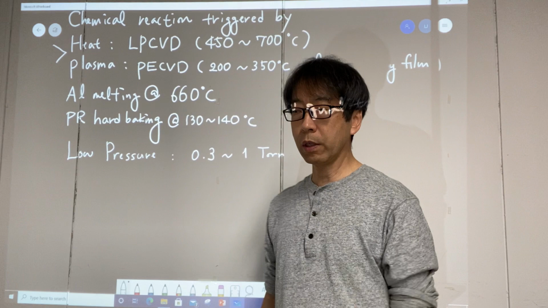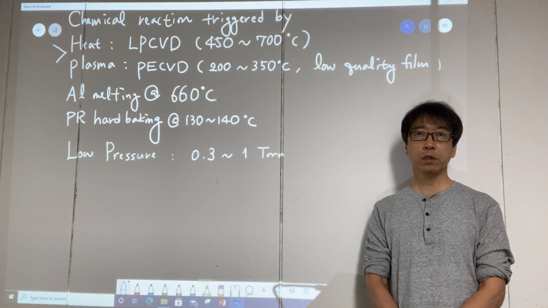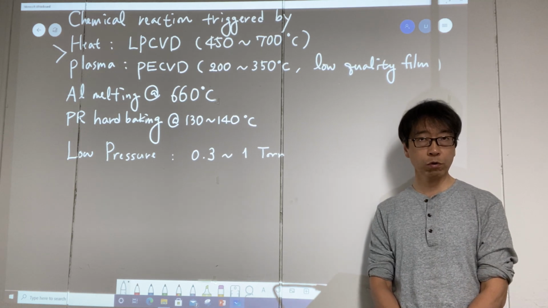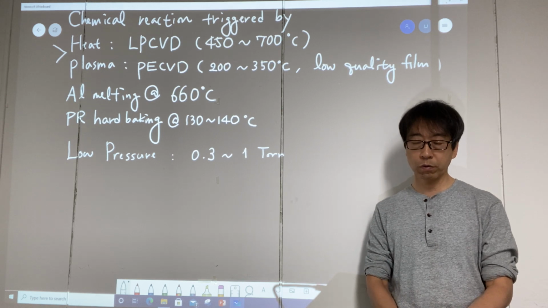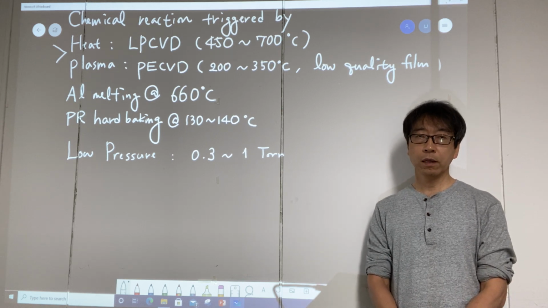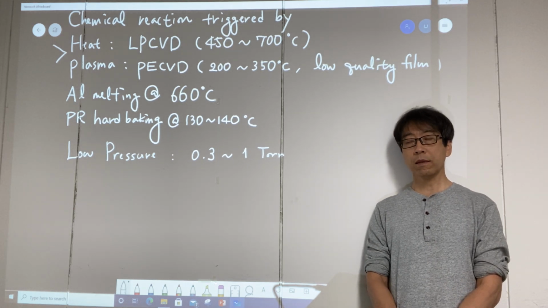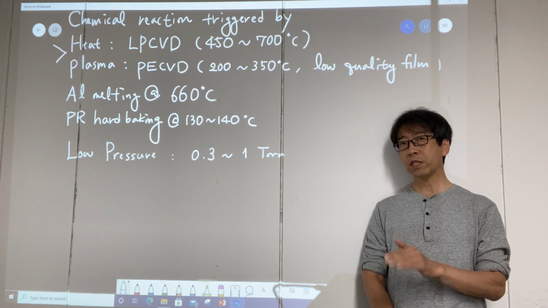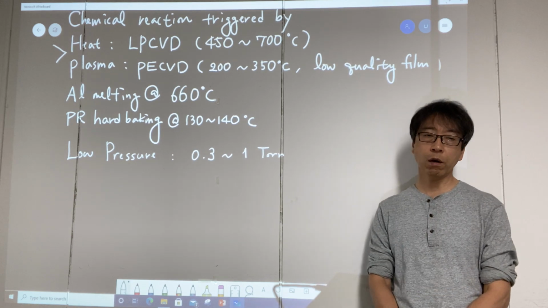So 1 torr is just a little fraction of the atmospheric pressure. It's 1 out of 760. So it will be very low pressure indeed, but it's not super low. You will see that sometimes we have to maintain the vacuum level at a very, very low range for specific deposition, which I'm going to cover later on.